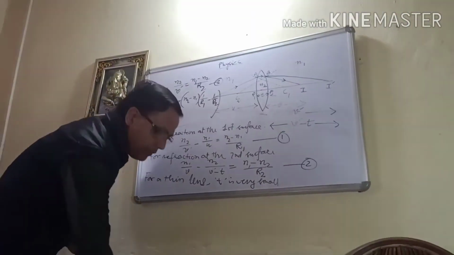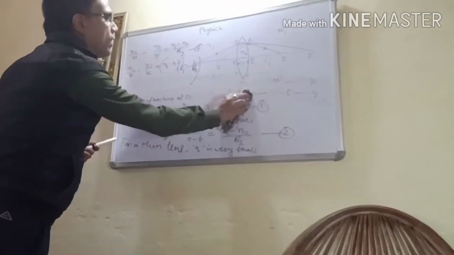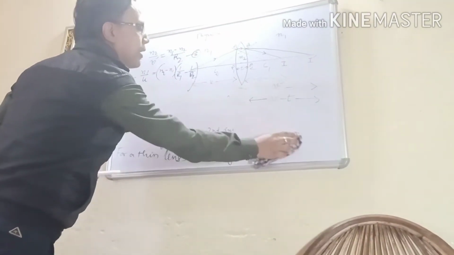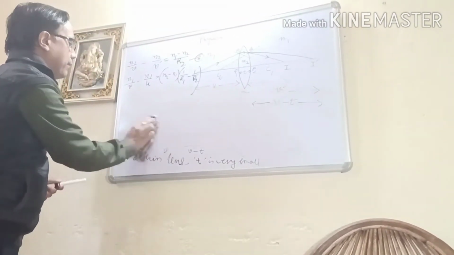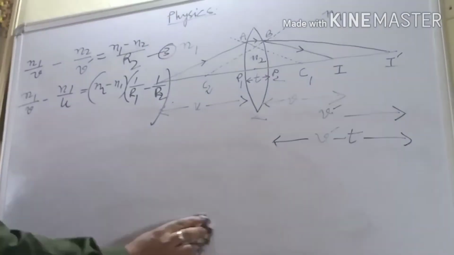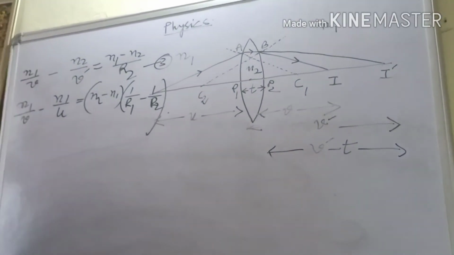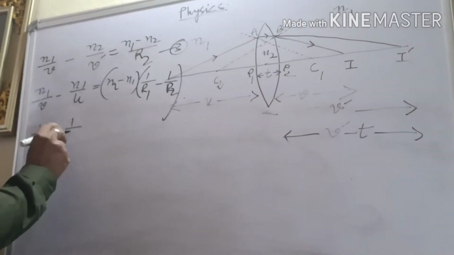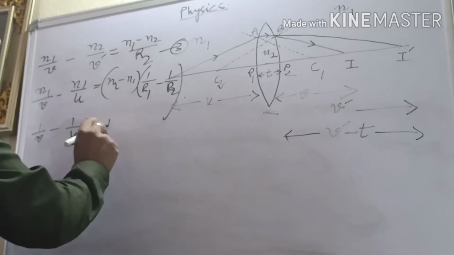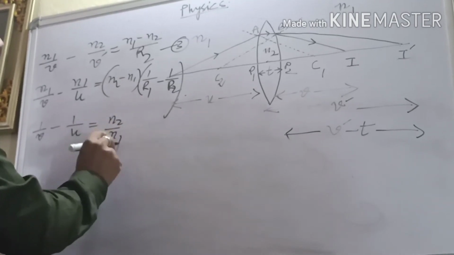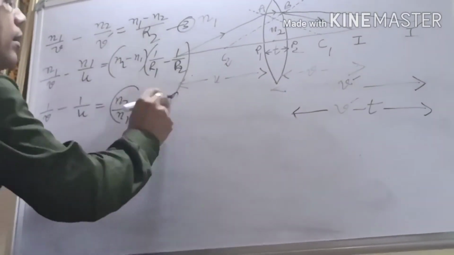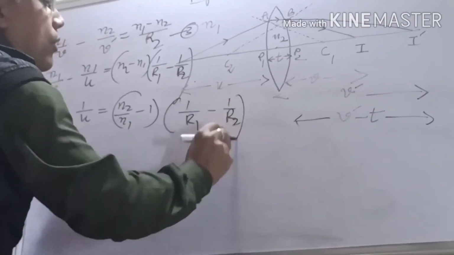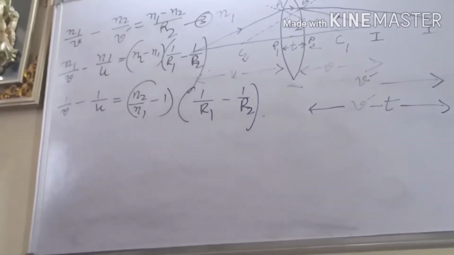Now from this entire equation you can take out common N1. So when you take out N1, what do you get? 1 upon V minus 1 upon U is equal to N2 upon N1 minus 1, 1 upon R1 minus 1 upon R2. We get this.